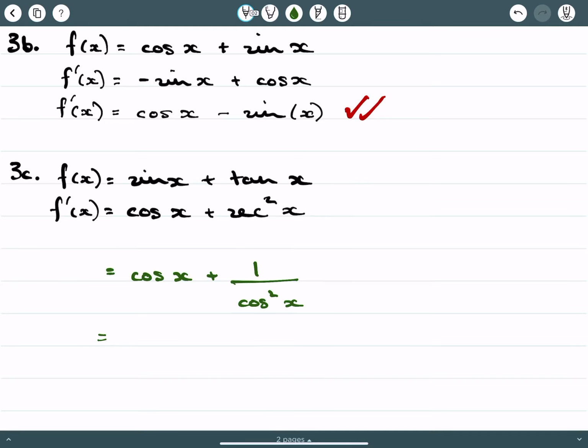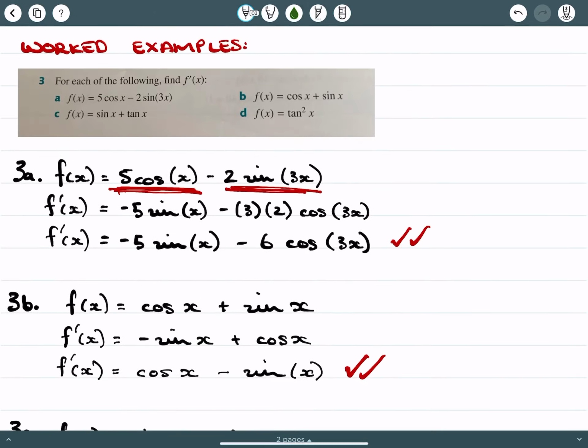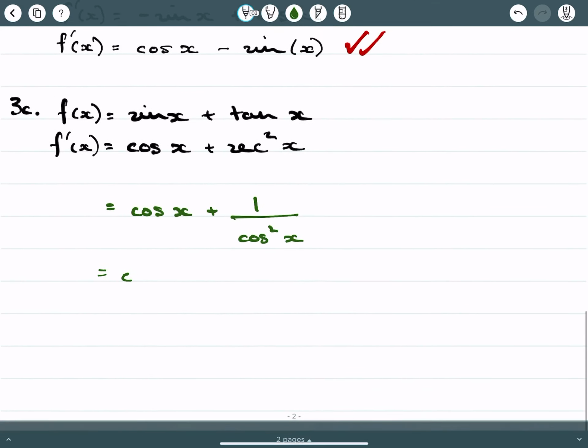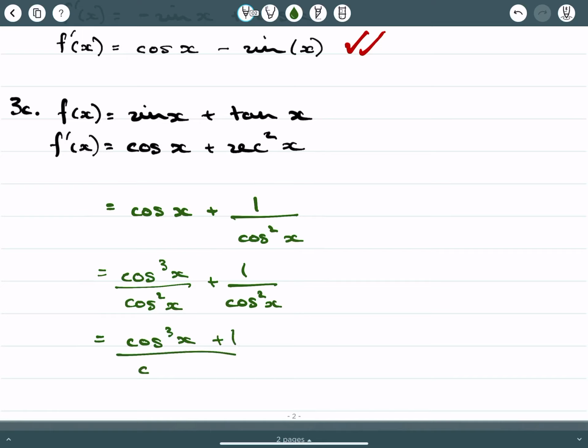They might do something tricky here, where we could write cos cubed x on cos squared x plus 1 on cos squared x, and then that equals cos 3x plus 1 all on cos squared x.